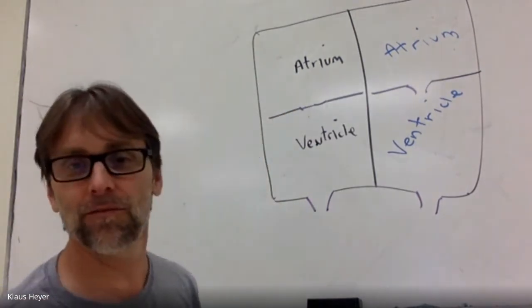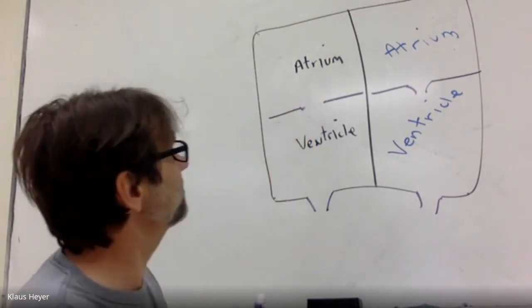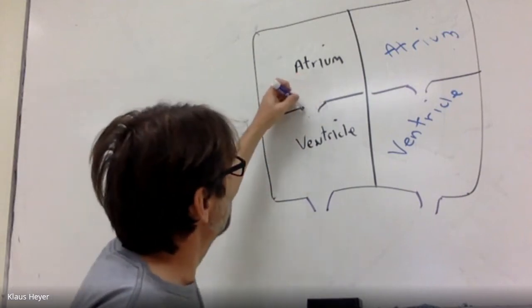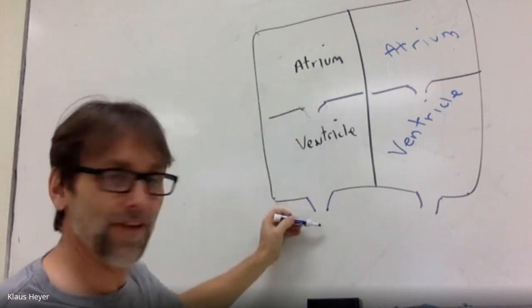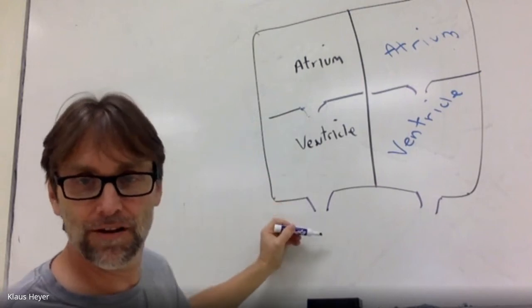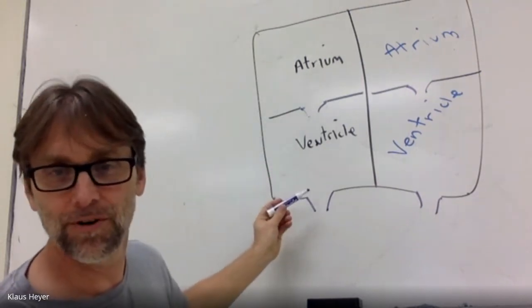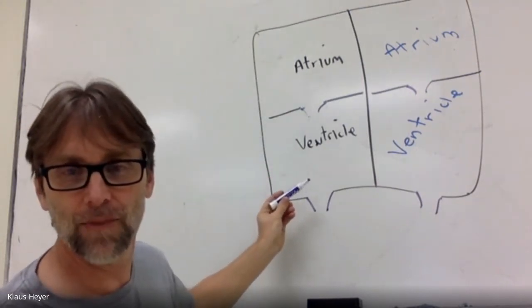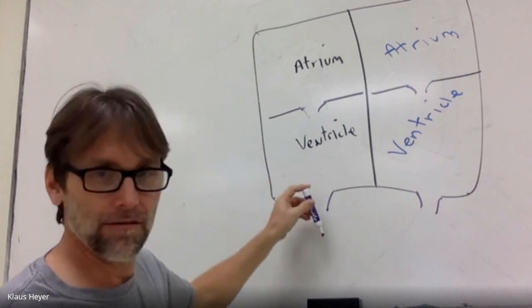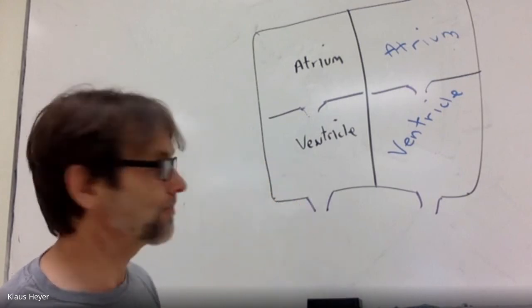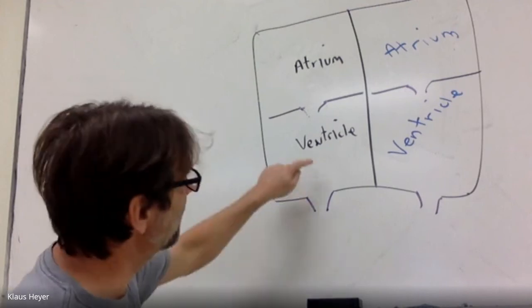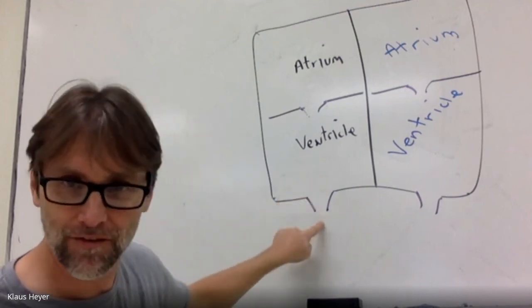The valves keep everything moving in one direction. Same thing: you leave the building onto the FedEx truck, and you're not going back into the building. No, wait, I got to use the bathroom. No, that's it, man. You're on the truck. You're gone. We don't want blood going back into the heart once it has left the heart.